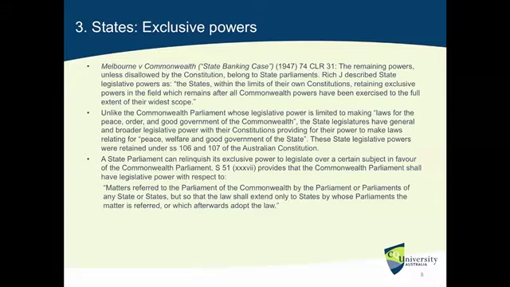Whereas the state parliaments focus on not just peace and good government, they focus on the welfare of the people within the state. But as previously pointed out, under Section 51, subsection 37 of the Australian Constitution, it is permissible for a state parliament to relinquish its exclusive power to legislate over a certain subject matter in favor of the Commonwealth Parliament.